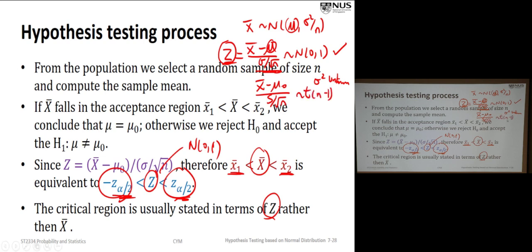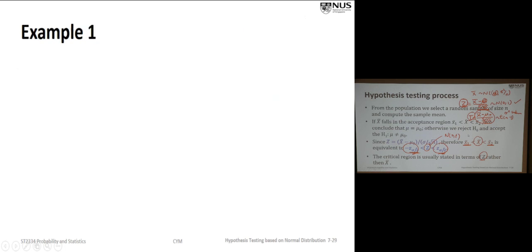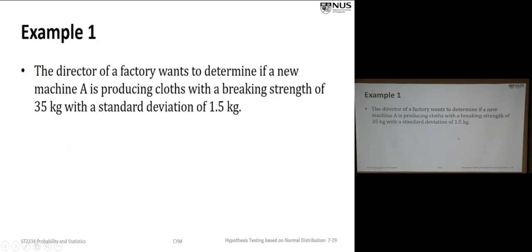So in other words, I will not express it as x bar between these two numbers, but in terms of this test statistic, x bar minus mu naught over s over root n. And I know the behavior of this test statistic. It follows a t distribution.